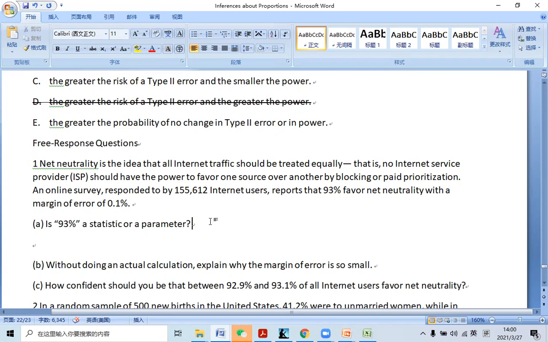That's a statistic. A parameter is about a population. Your population is way larger than the 155,612 people you surveyed. It's millions, billions of internet users. And a parameter is a description of the population. It's a value on the population. This is a statistic.